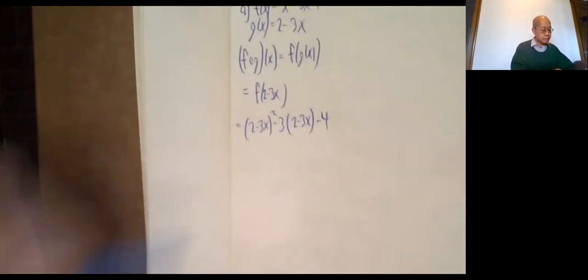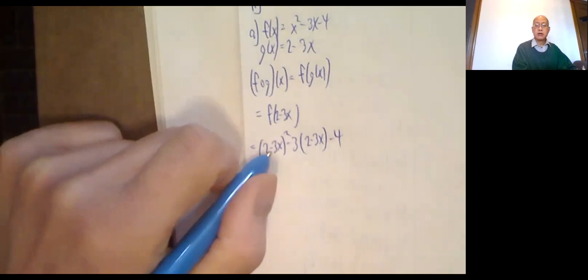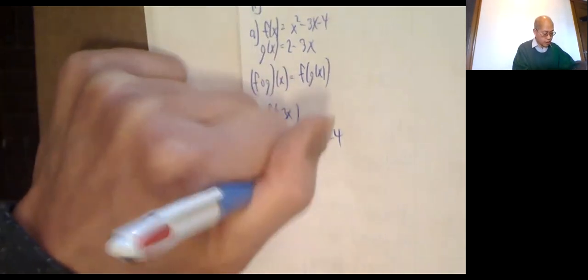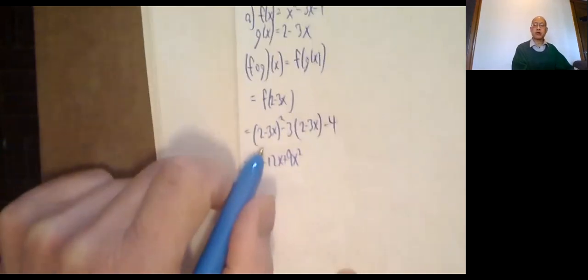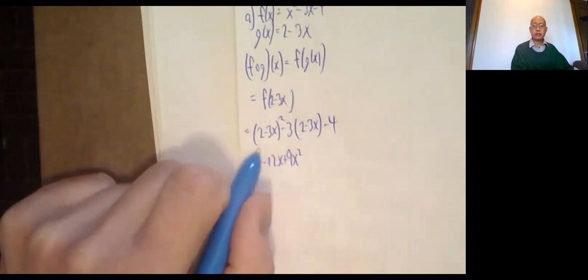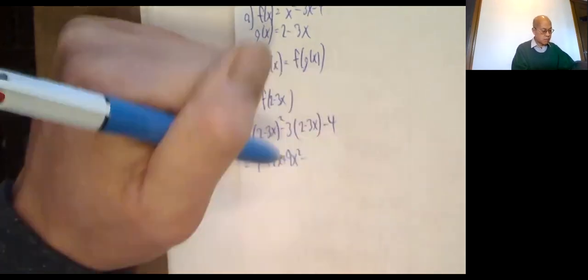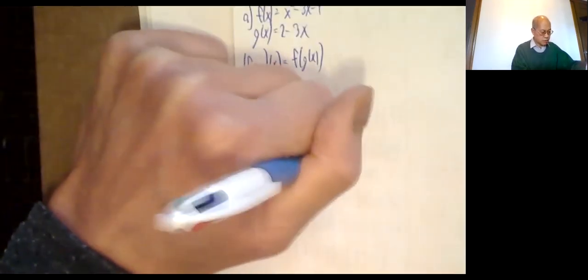Now I just clean it up. I square this expression using the shortcut for the square of a binomial, a squared minus 2ab plus b squared: 4 minus 12x plus 9x squared, minus 6 plus 9x minus 4.